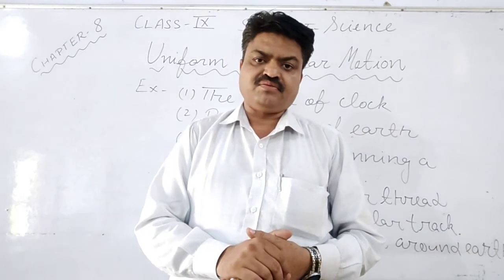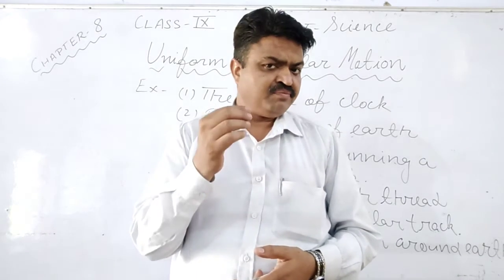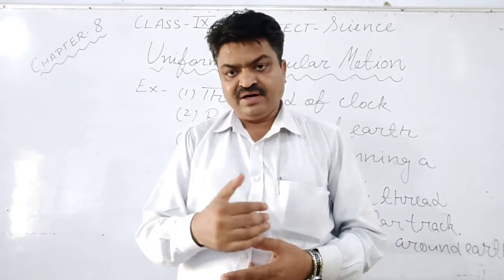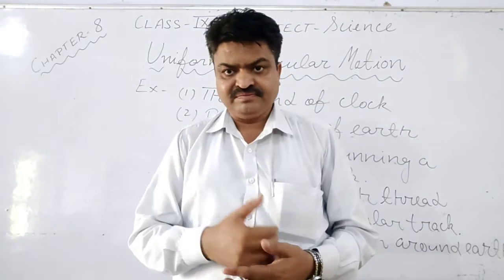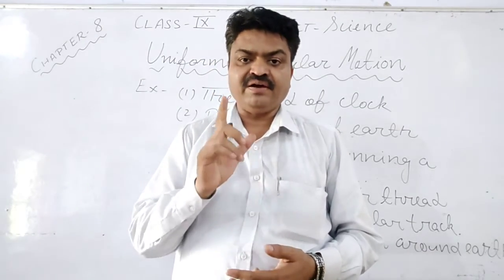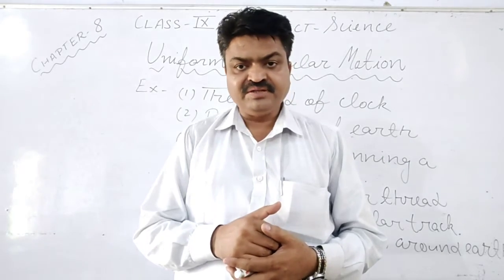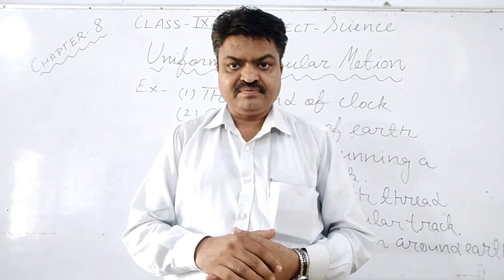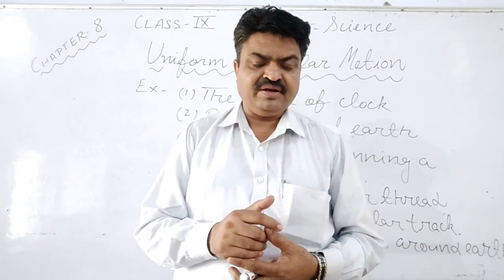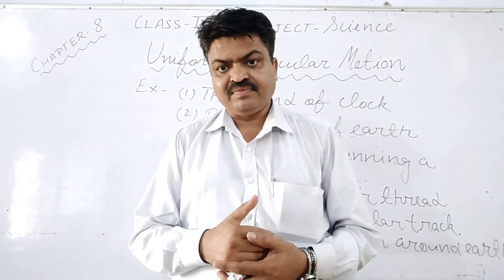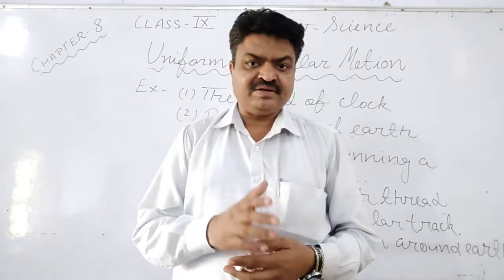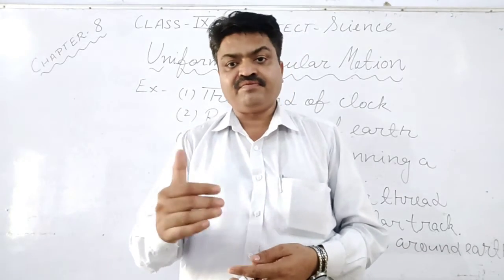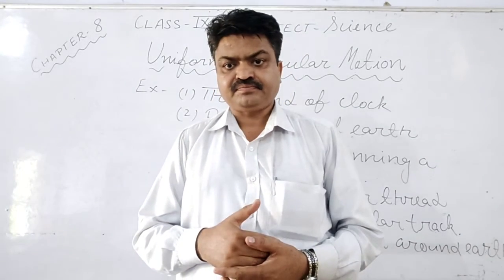Uniform circular motion is the motion that our earth also has, due to which we have one year. Our earth revolves around the sun in a year, and in this year there are 365 and 1/4 days.